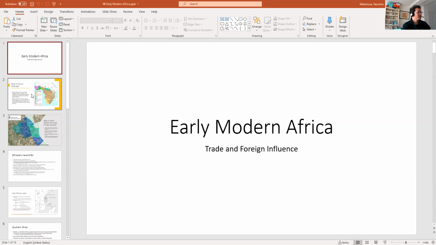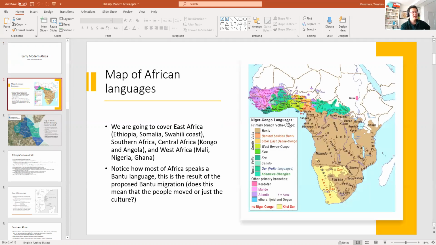So this is a map of Africa that shows you the various languages that people speak in Africa. And I didn't talk about this last time, and I kind of briefly went over how varied the culture and civilization and the peoples are there. But there is also a shared kind of linguistic link in huge parts of Africa.